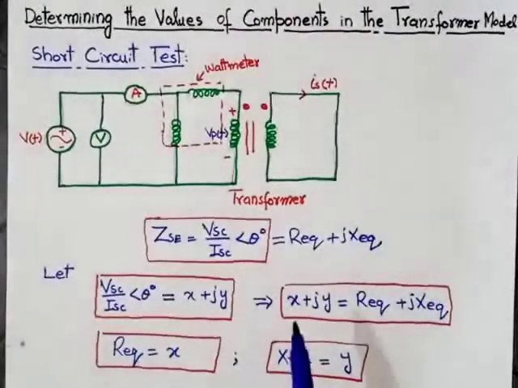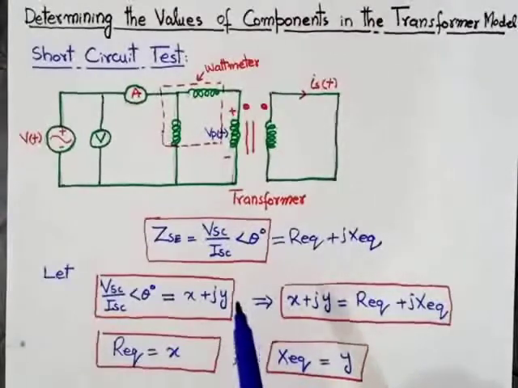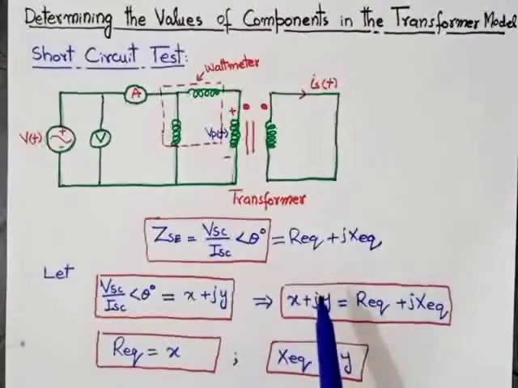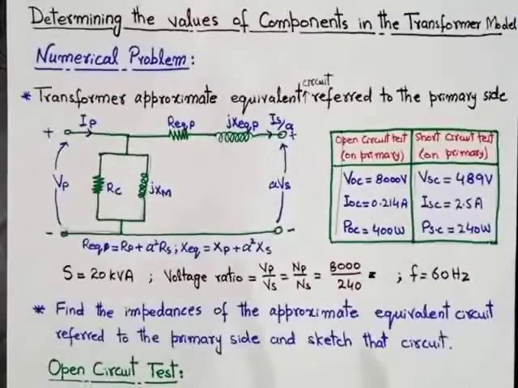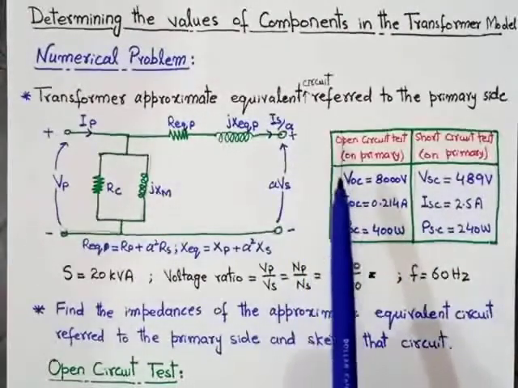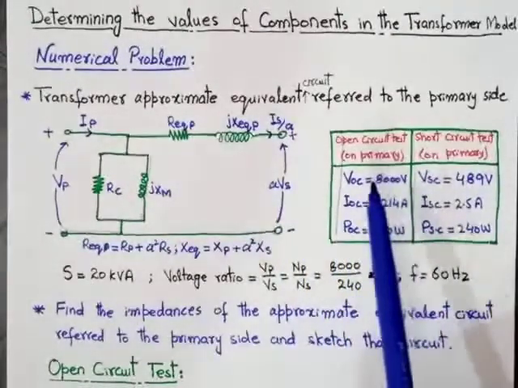Now we will do the numerical problem related to the open and short circuit test of a transformer. The given data: the first one is the open circuit test parameters.